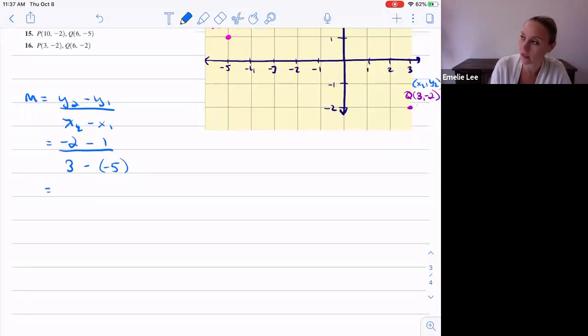Simplifying this, you get -2 minus 1 is -3. 3 minus -5 is 3 plus 5, which is 8. -3 over 8 is the slope.